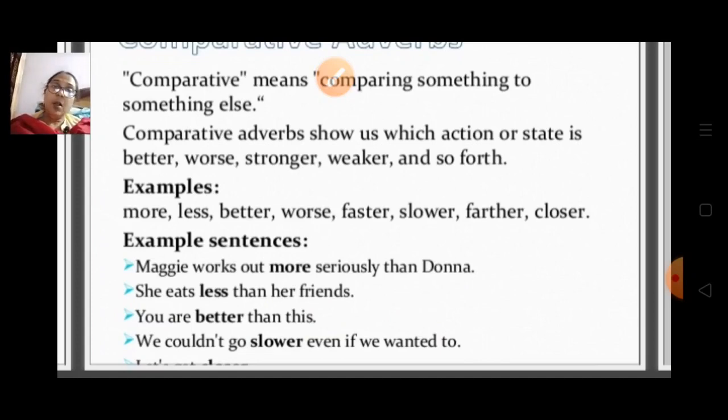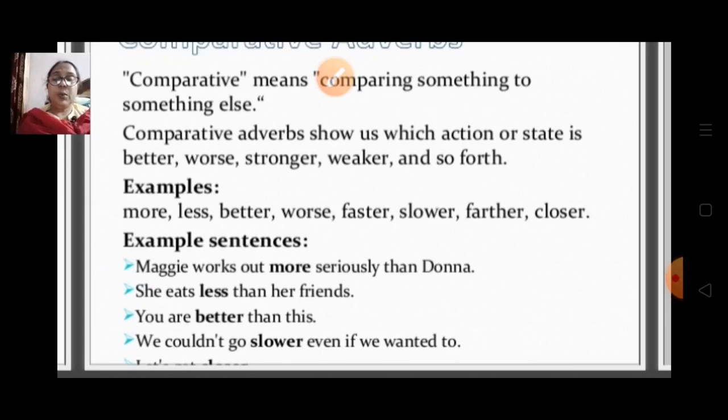These are all called comparative adverbs. If it is written carefully, in comparative adverbs you can write more carefully. If it is cautiously, you can write more cautiously.